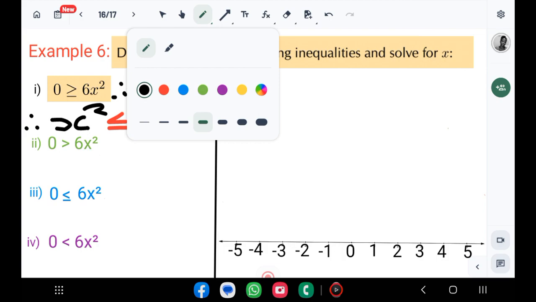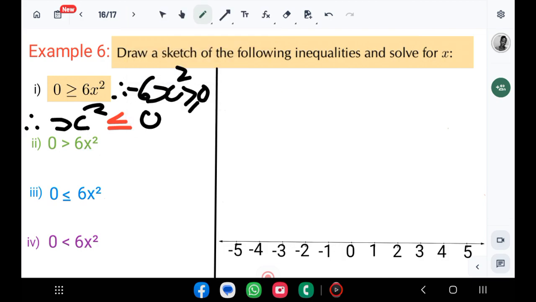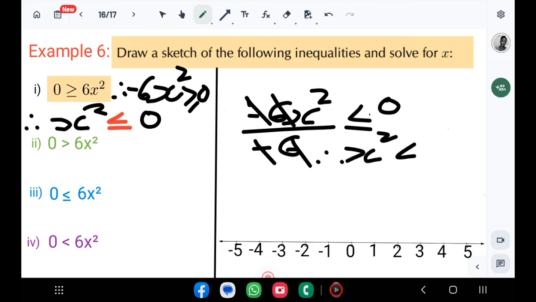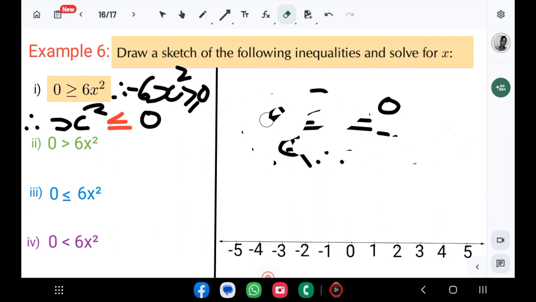I'll show you exactly what happened. You had negative 6x squared is greater than or equal to 0. You divided that by negative 6. When you divide by negative 6, that changes the sign and it becomes less than or equal to. And the negative 6s cancel out, and you're left with x squared is less than or equal to 0.